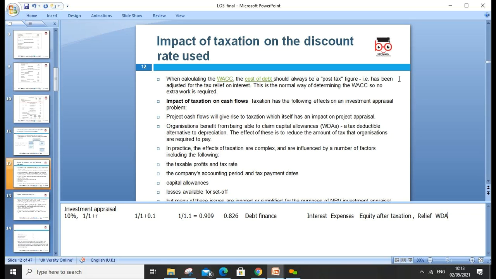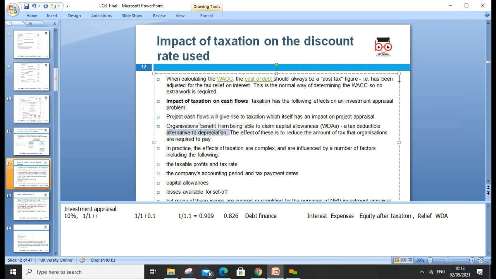This is the normal way to determine the weighted average cost of capital, meaning the debt and equity together, if we have an impact from taxation. So we need to look at the project cash flow, which will give rise to the taxation itself. The organization benefits by being able to claim the allowance, which is the tax-deductible alternative to depreciation.